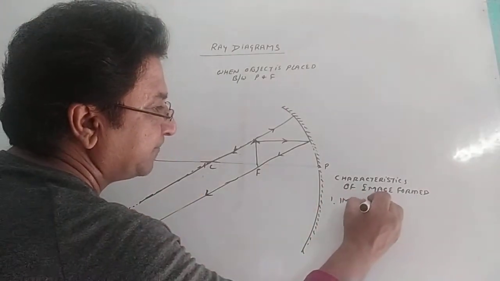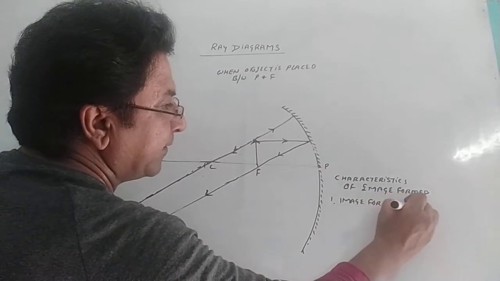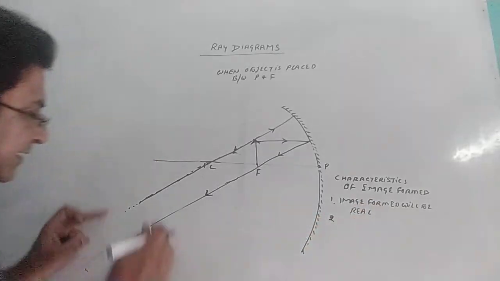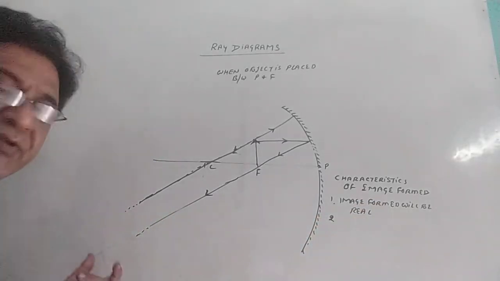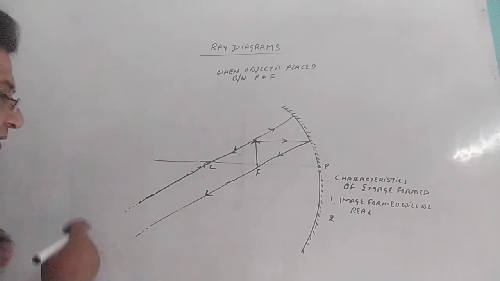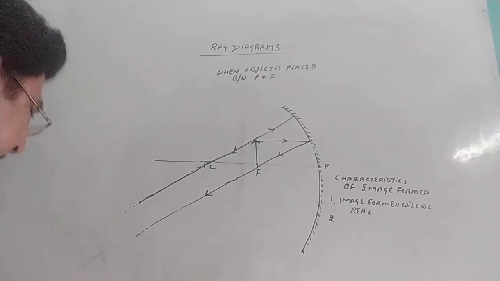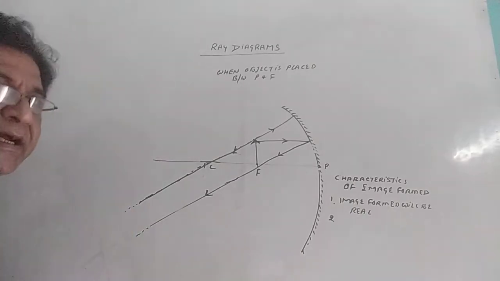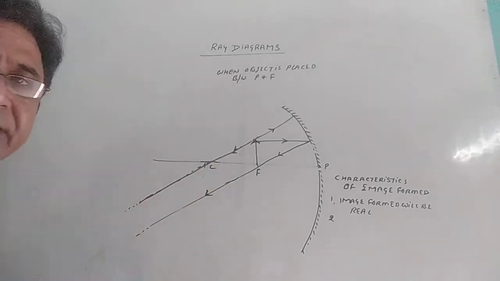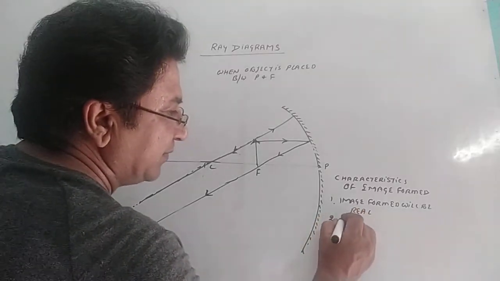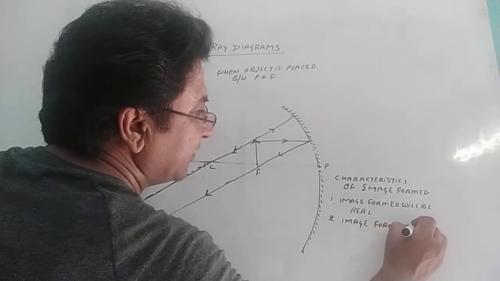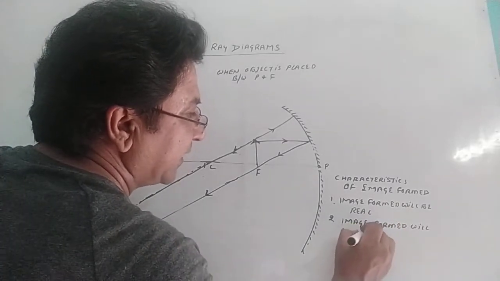Second, you can understand infinity cannot be drawn on a copy or a board. So मान के चलिए कि infinity बहुत बहुत नीचे जाके मिल रही है. जब हम उसके हेड बनाएंगे और हेड के साथ उसकी फुट बनाएंगे तो हाईली मैग्नीफाइड इमेज बनेगी. So the image formed will be highly magnified.